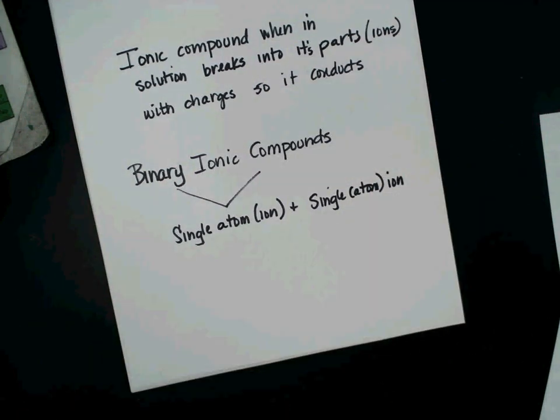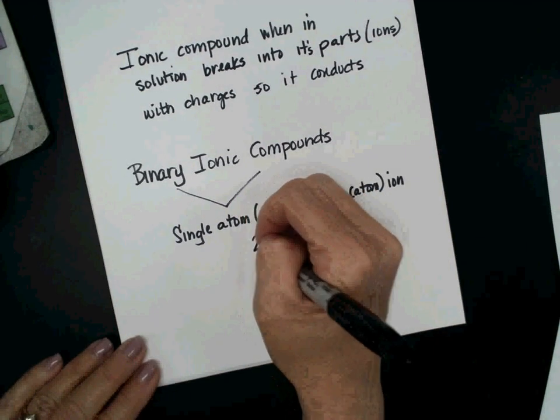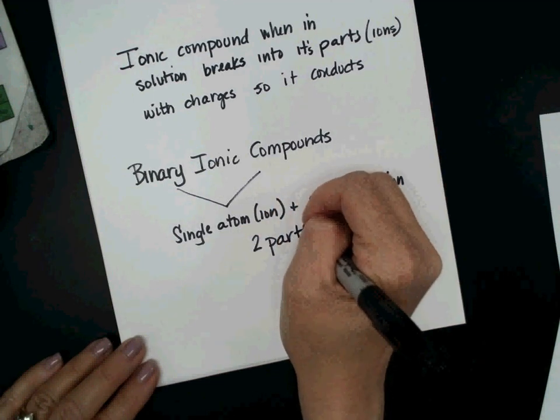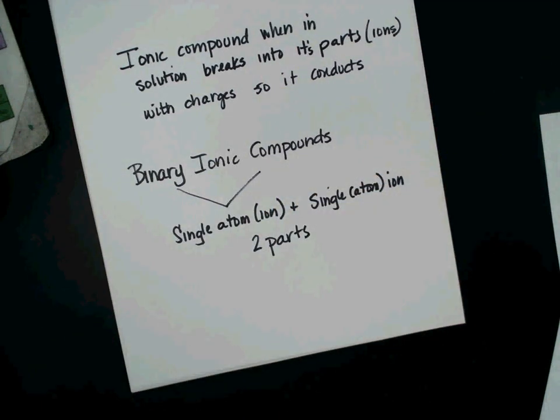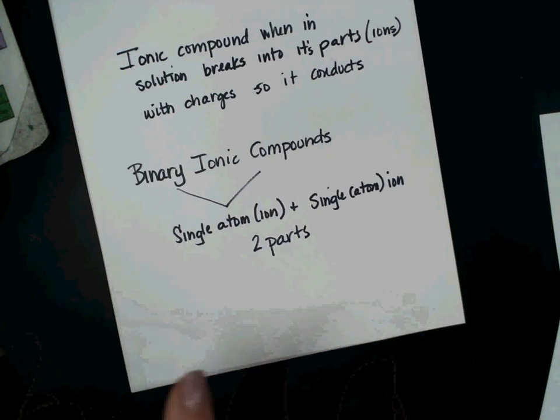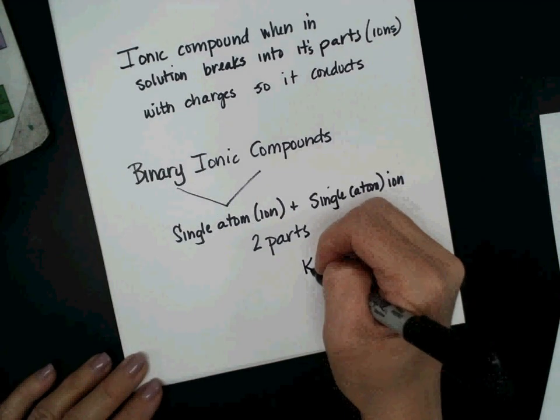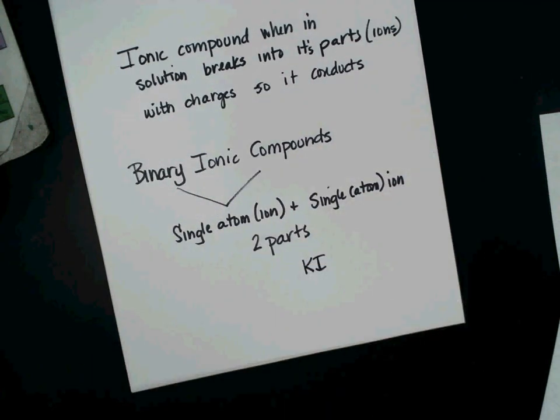And when I say that, I mean it was one atom off of the periodic table that had become an ion. We didn't have anything like CN or ClO3. They were all just two pieces from the periodic table. Binary always means two parts in chemistry. We can have binary molecular compounds, like all of our diatomic molecules, and we can have binary ionic compounds. Something like KI, potassium iodide, would be a binary ionic compound.